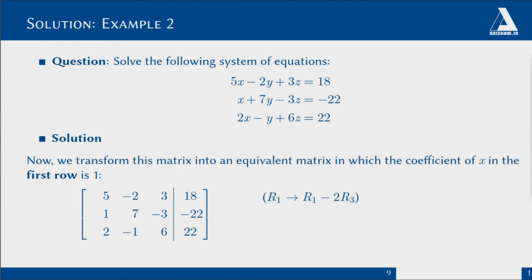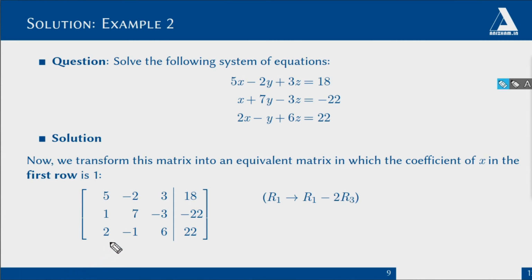Now we transform this matrix into an equivalent matrix in which the coefficient of x in the first row is 1. To make the coefficient of x in the first row 1, either we can divide the first row by 5, or we can go for another row operation. For simplicity, we replace the first row with R1 minus 2 times R3.